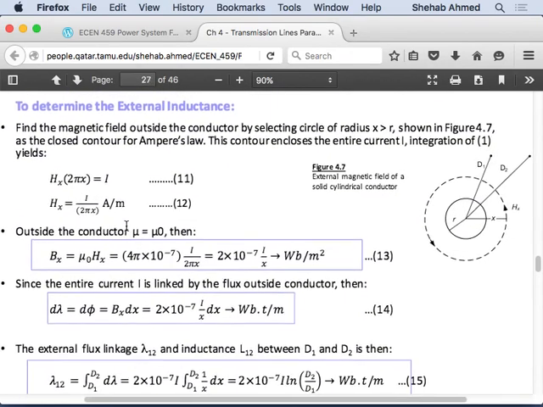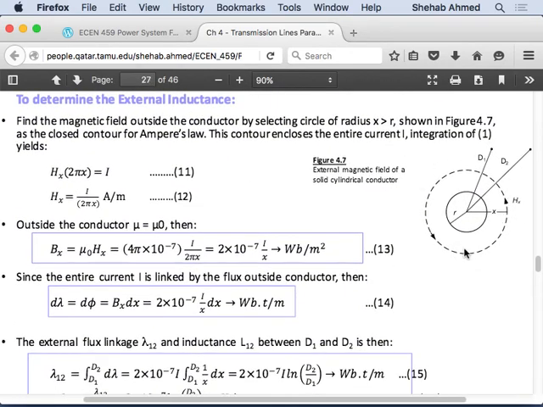If we want to look at the magnetic field outside the conductor at the radius x, what we are interested in is from the radius all the way to any point in space, or between any two points in space, d1 and d2. So the integral of H dot dl is I enclosed. I enclosed in this case is the full conductor current, so I enclosed is equal to I. And H at the distance x, times the perimeter 2 pi x, equals I enclosed.